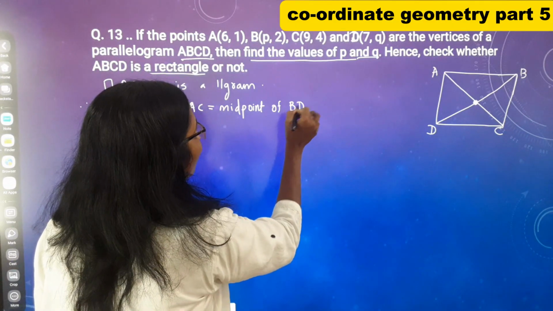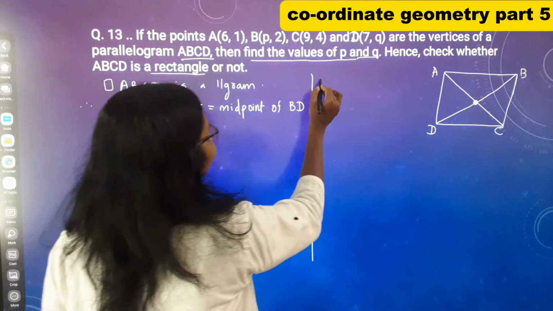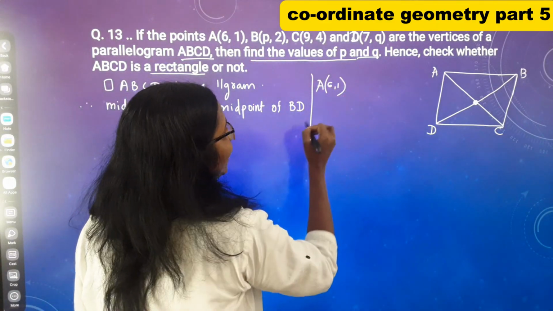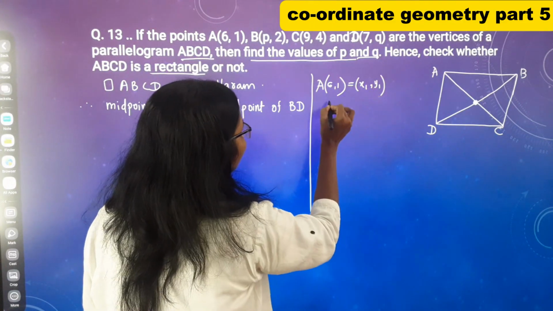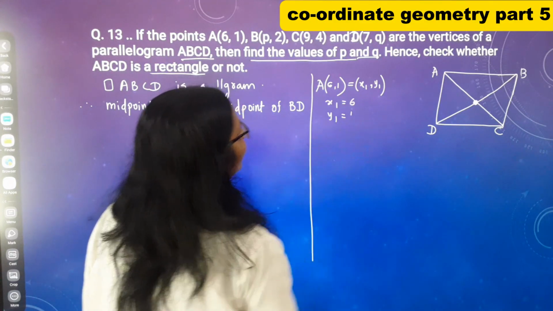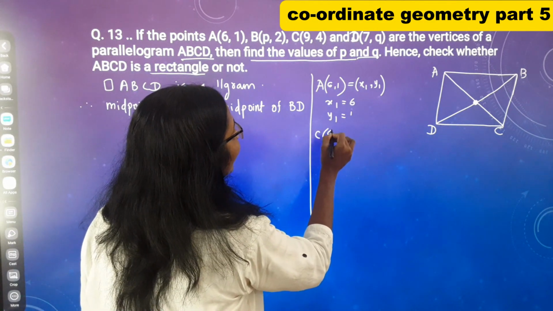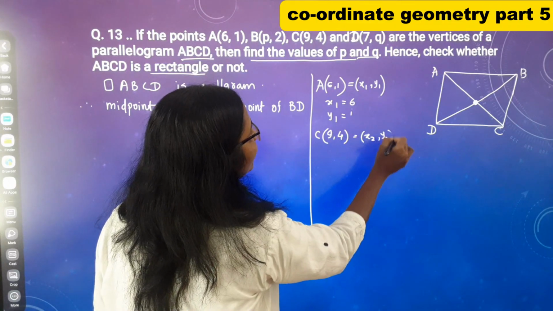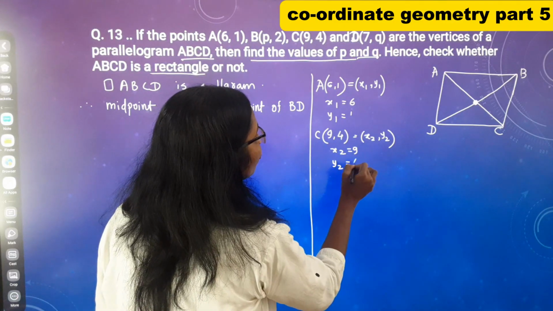Now first I calculate AC. The coordinates of A are (6, 1), so consider x1 = 6, y1 = 1. The coordinate of C is (9, 4), so consider it as x2, y2. So I write x2 = 9 and y2 = 4.